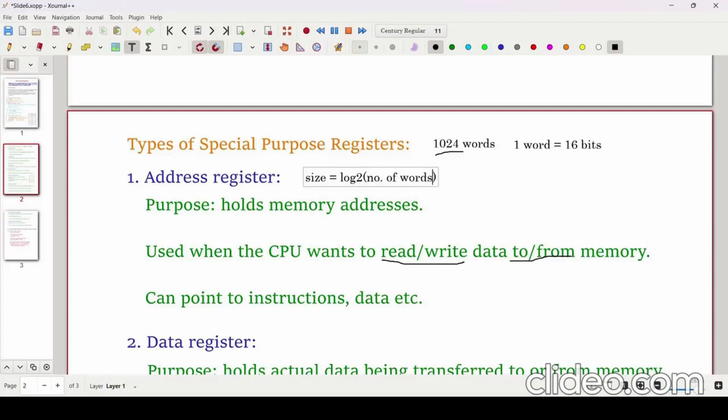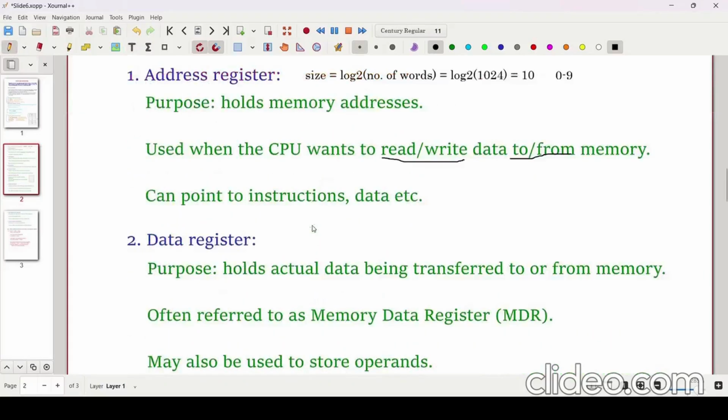Okay, so the size would be log base 2 of 1024, that comes out to be 10, right? So the size of the address register would be 10, starting from 0 to 9. Okay, so this is the size of the address register, 10.